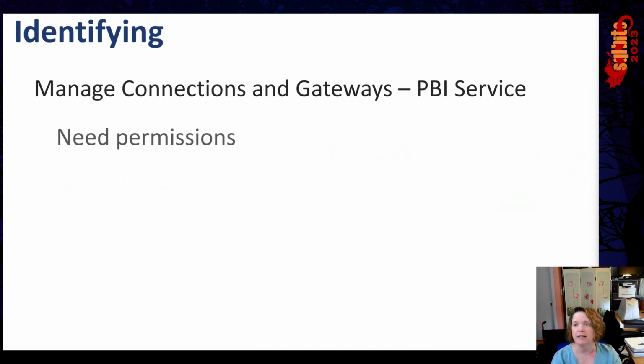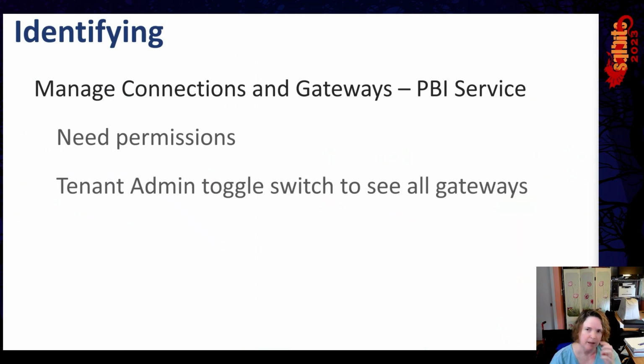A couple of things, you're going to need permissions. We're going to talk about those specifically in the next slide. And then there's one other thing that trips a lot of people up. There is an actual toggle switch for the tenant admin. Otherwise, if you don't turn that on, you're not going to see everything. And by default, it is turned off.